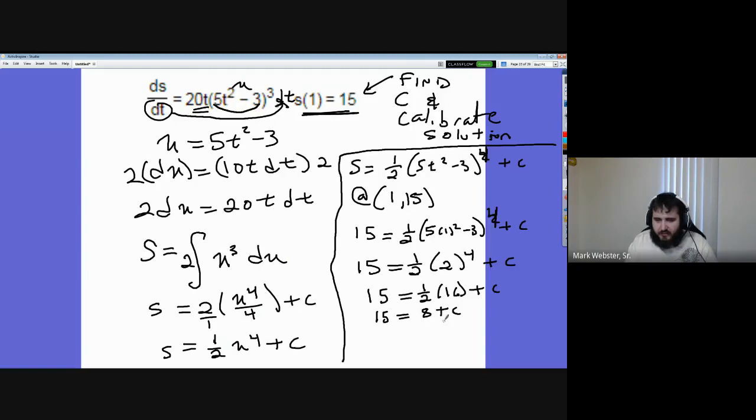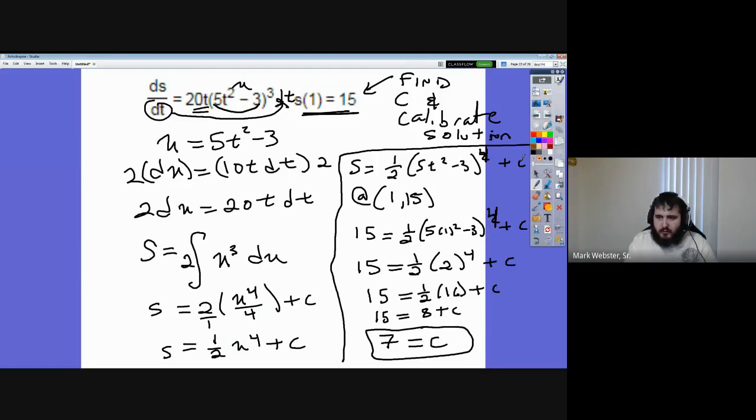Well, what does c have to be? What's 15 minus 8? Well, that's 7. So we found c. So here's our general solution. Now let's write our particular solution.